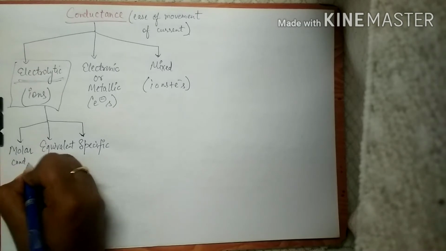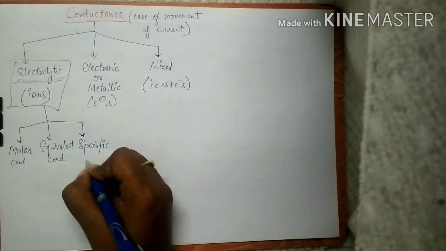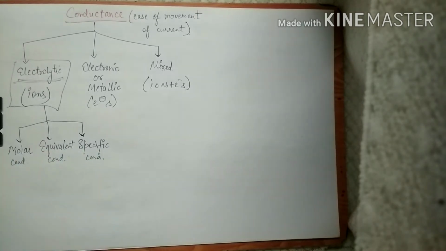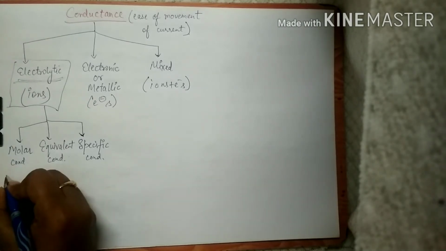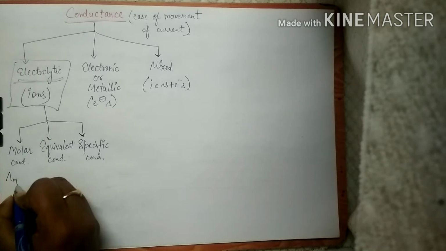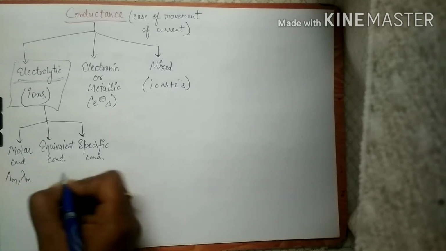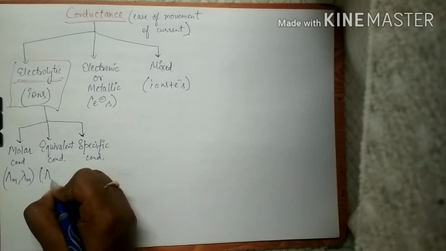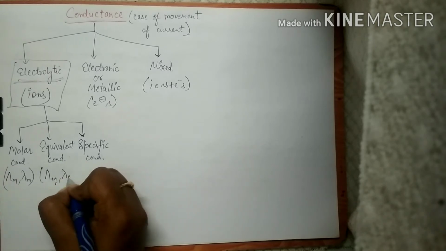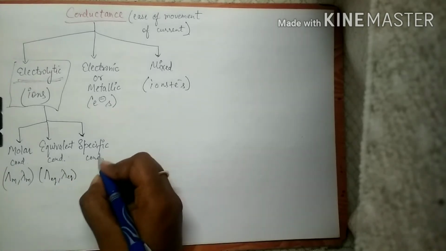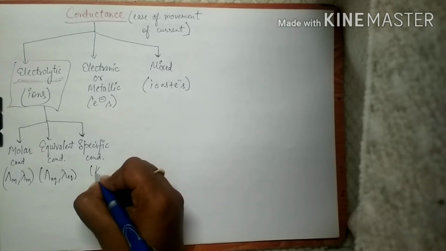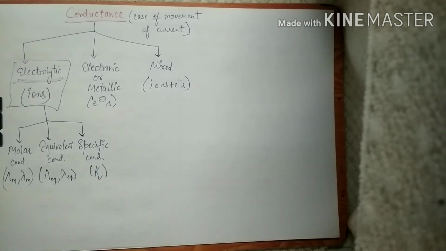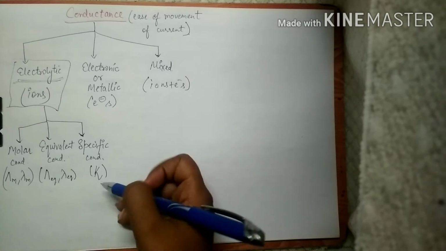Okay. Molar conductance is represented by capital lambda m or small lambda m. Equivalent conductance is represented by capital lambda eq or small lambda eq, and specific conductance is represented by kappa. This is the sign of your kappa.